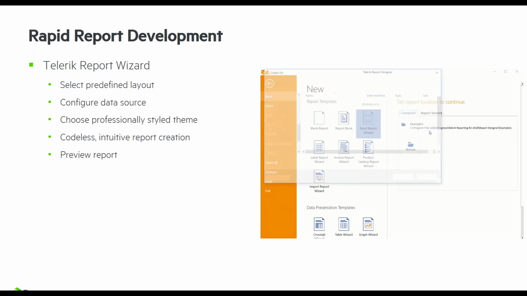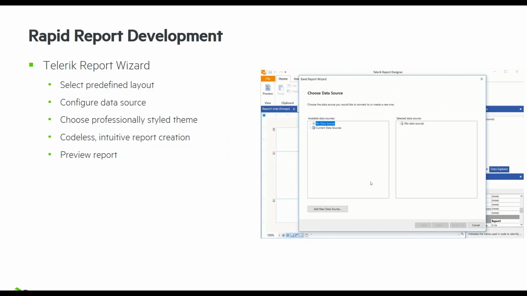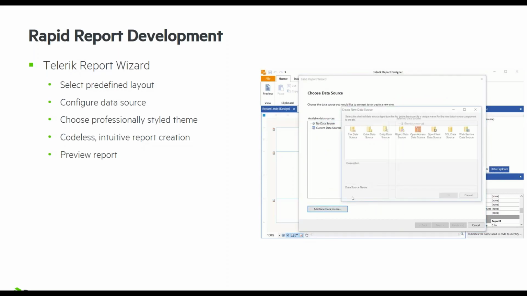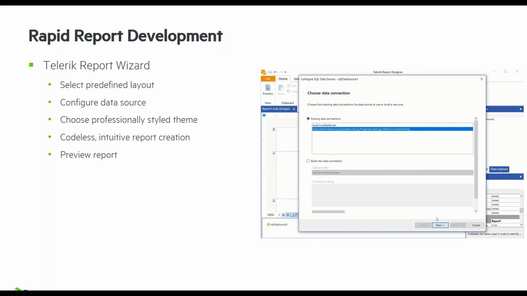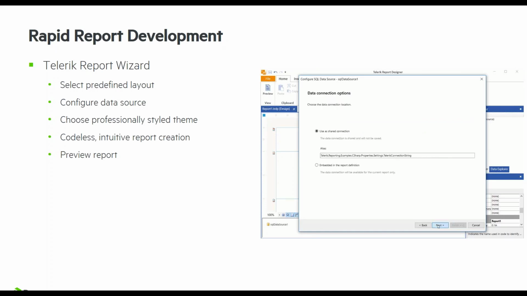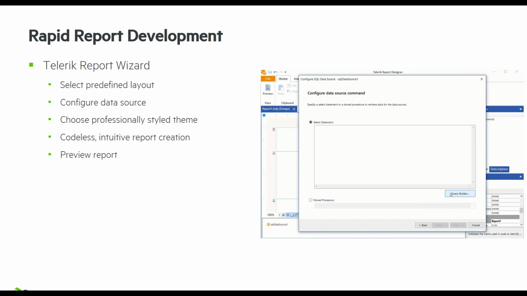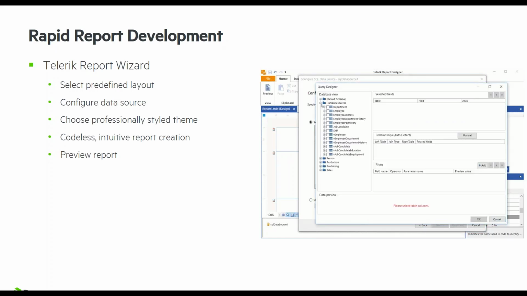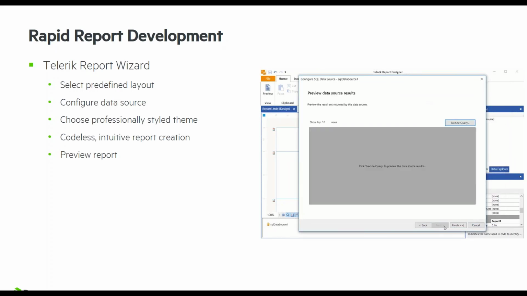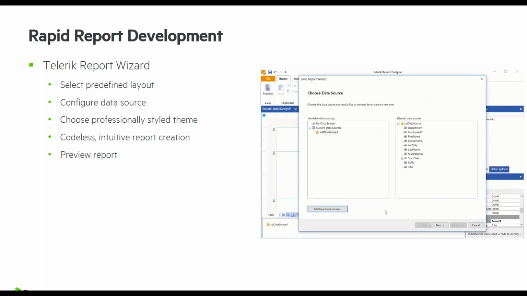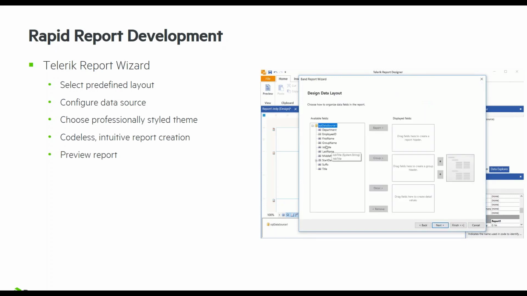We worked hard with Telerik Reporting to empower report creation without having to do much coding at all. Within our designers, we have built-in report wizards, a click-through environment where you can select a predefined layout, which could be a tabular report or a crosstab report.